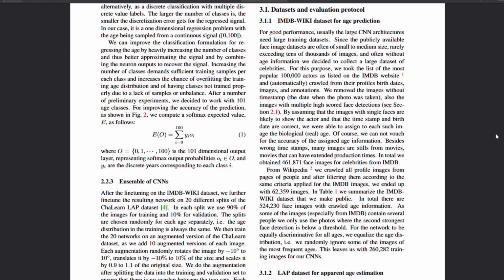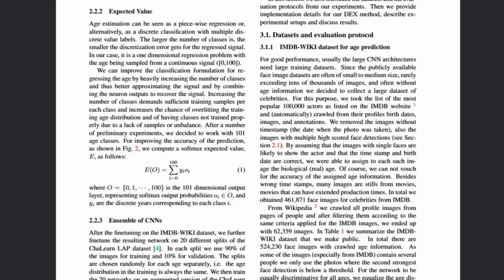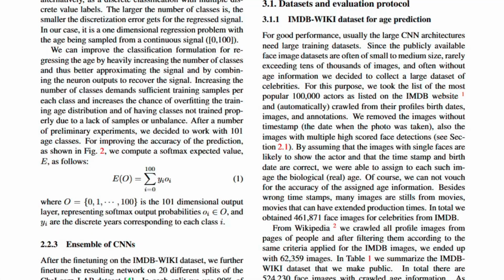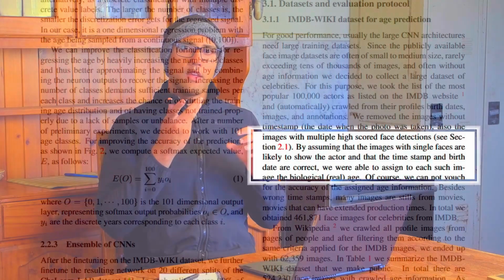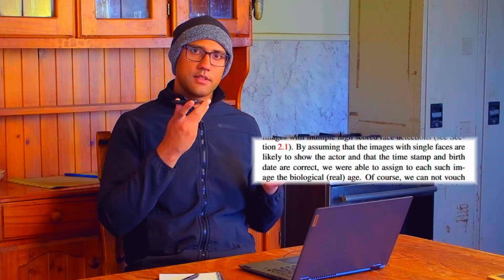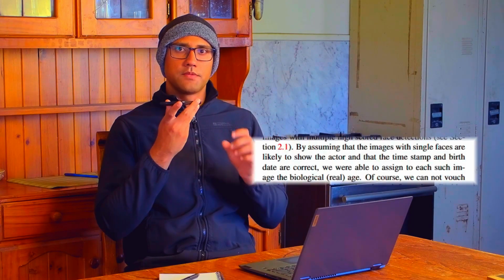Then what the authors did was, for each image that was associated with that actor, if that image had a timestamp associated with it, and if that image only contained a single person in the frame, then they assumed that that image was of that actor, and using that timestamp information, they dated the actor. So they assumed that the actor in the frame was the age of that timestamp minus their date of birth. So that's how they constructed that dataset.